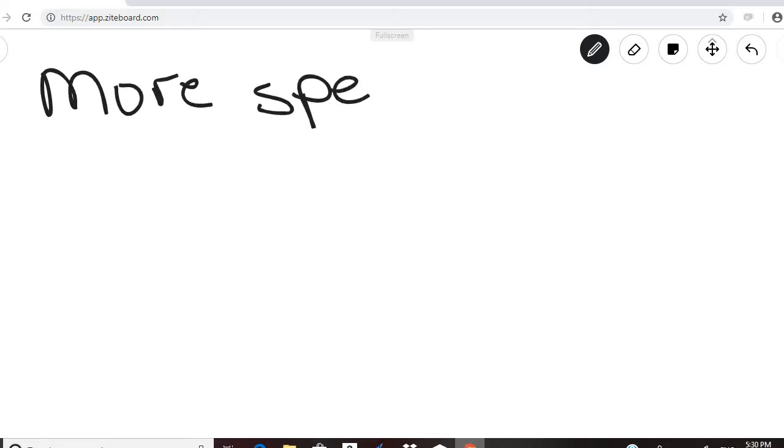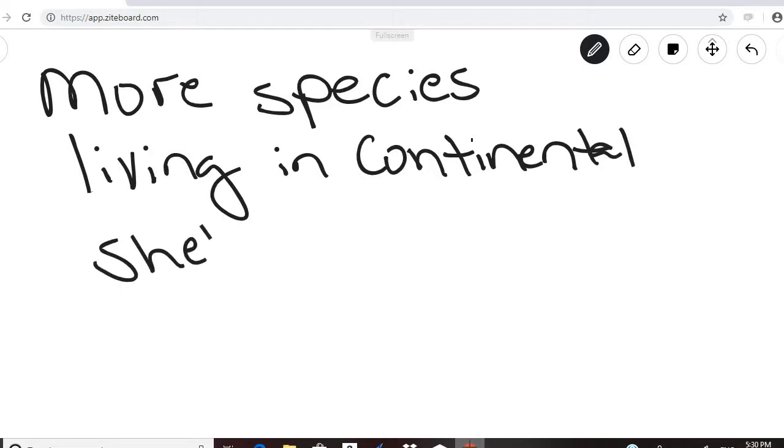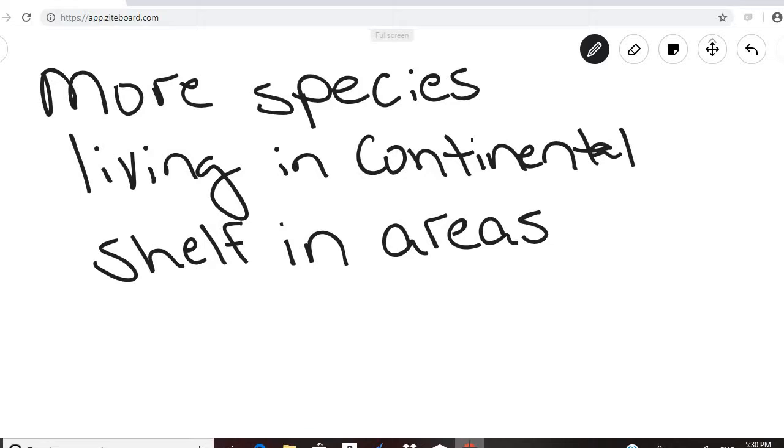There are more species living in the continental shelf in warm areas of the world compared to colder areas.